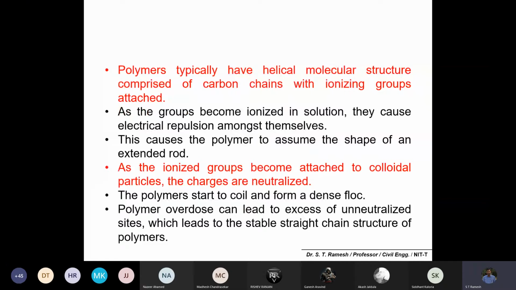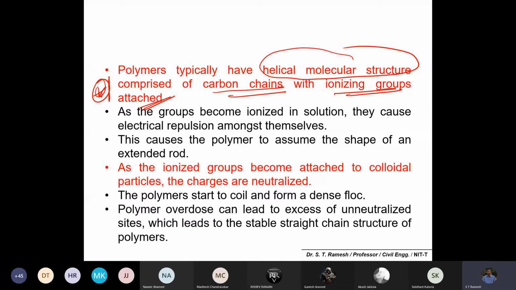These polymers have a helical molecular structure comprised of a carbon chain with ionizing groups attached, which we discussed in the previous slide. Polymers are long chains with a helical molecular structure comprised of carbon atoms or carbon chains with ionizable groups attached.